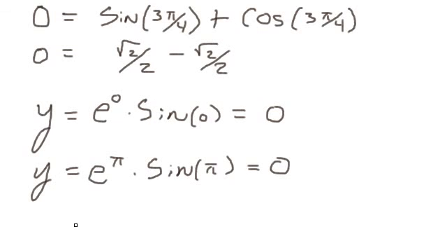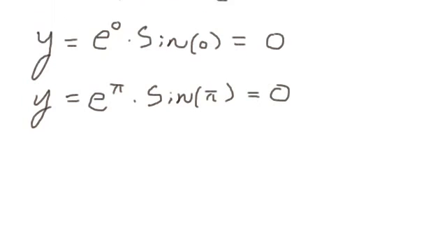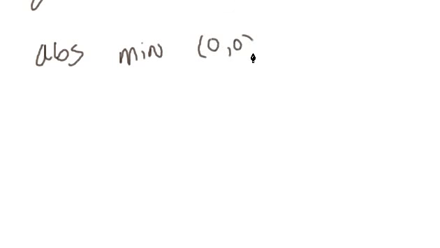Okay, so let me write all this stuff down. Looked like I was getting in a big hurry there all of a sudden. We have an absolute minimum, and I'm actually writing out the points here, at 0, 0, and also one at pi, 0.